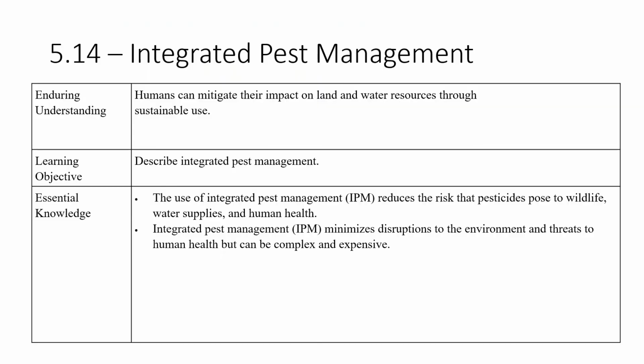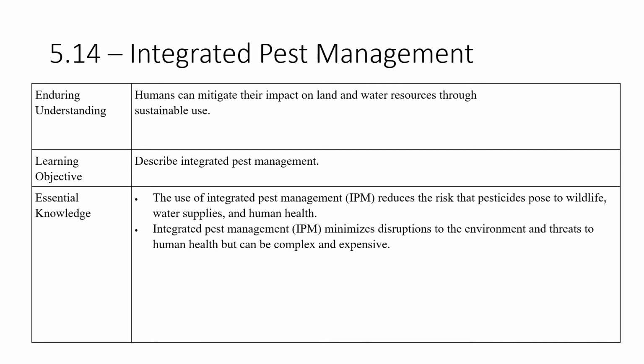But GMOs actually are included in integrated pest management, because integrated pest management is basically doing everything you can before you use pesticide. And as you'll see, it includes anything from manually picking out pests or weeding a garden by hand to actually using GMOs.